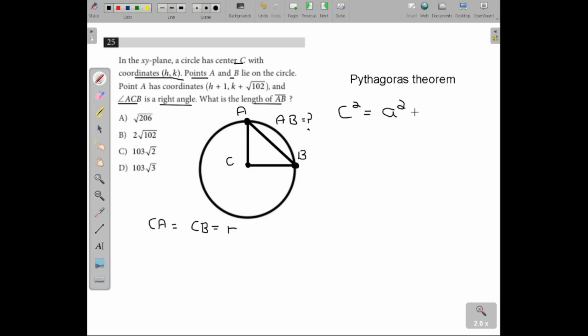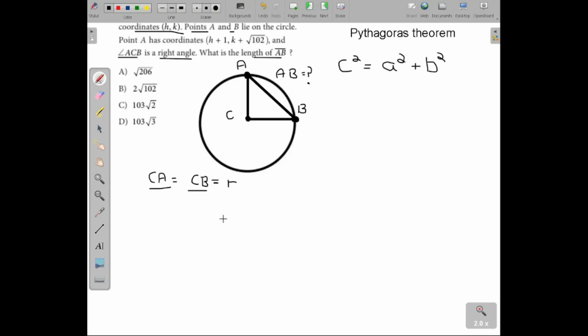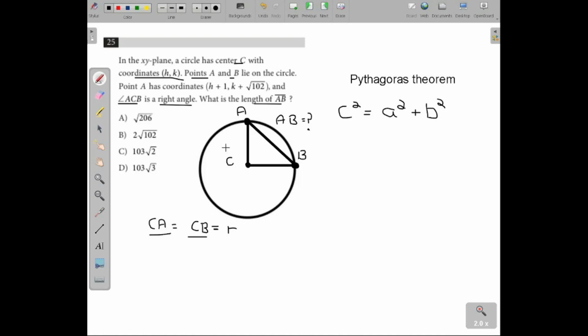C squared is equal to A squared plus B squared. And since we know that both sides have the same value, we only need to find one. And how can we find the value of the segment, CA or CB?